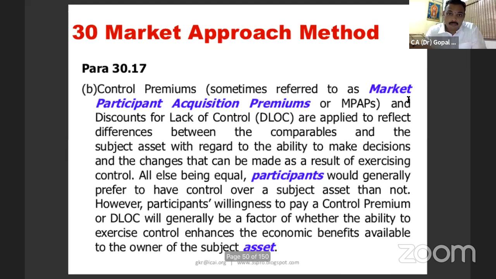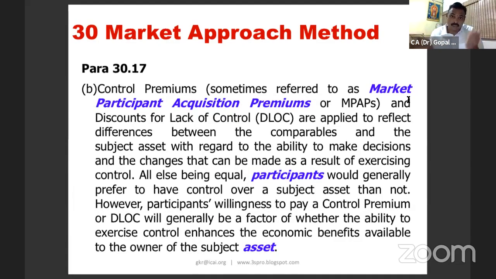Now, another thing is called control premium. And the opposite of control premium is called discount for lack of control. Now, what do you mean by control premium? I can give you one or two examples, one in a property transaction, one in a business transaction.